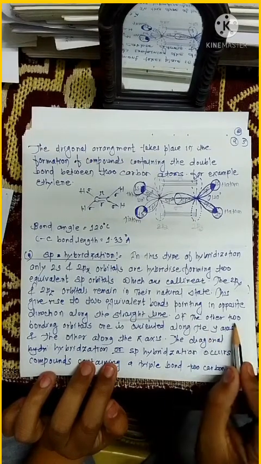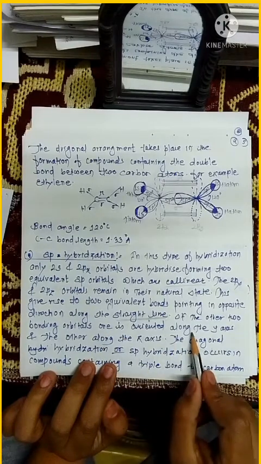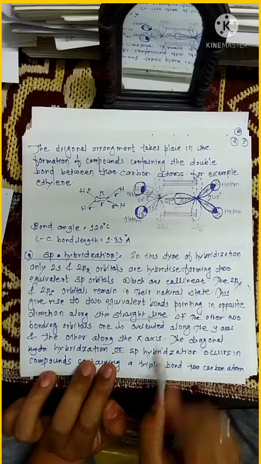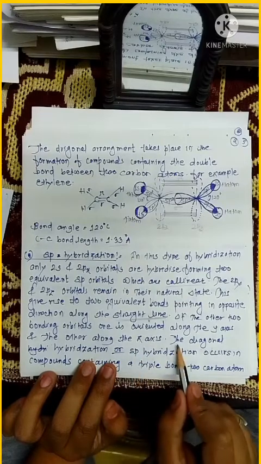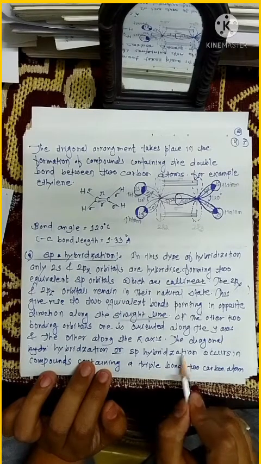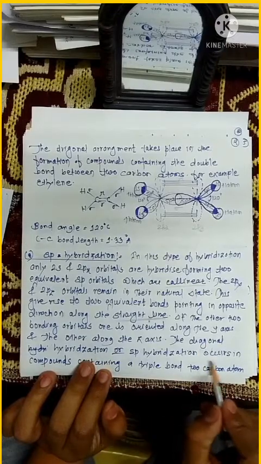If the two bonding orbitals, one is oriented along the y-axis and the other along the z-axis, the diagonal hybridization or sp hybridization occurs in compounds containing a triple bond between 2 carbon atoms. Your sp hybridization is also known as diagonal hybridization.